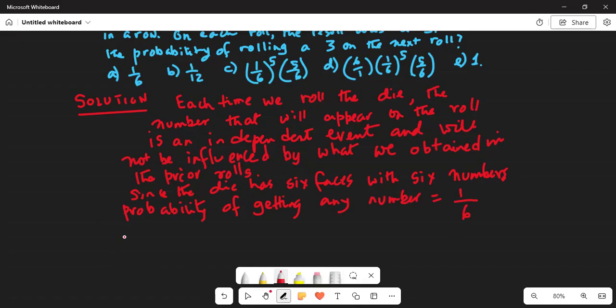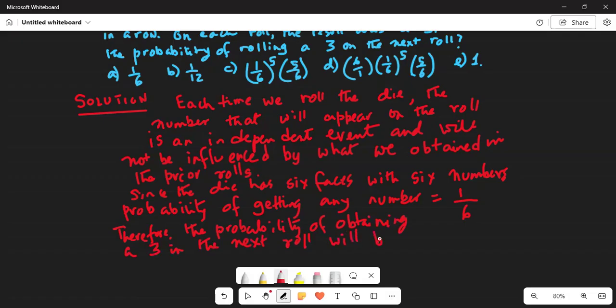And since these are independent events, as I mentioned, therefore the probability of obtaining a 3 in the next roll will be 1 out of 6, because there are 6 faces and 3 appears only once.